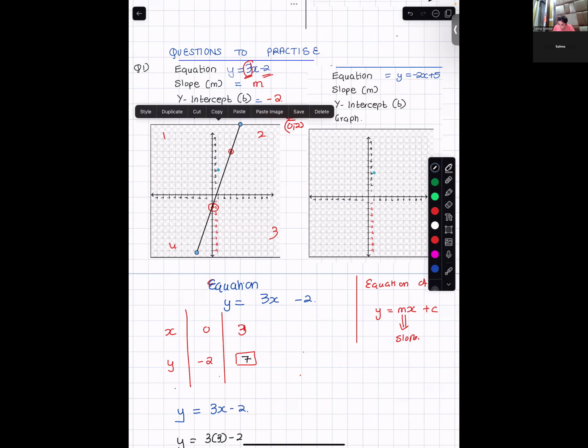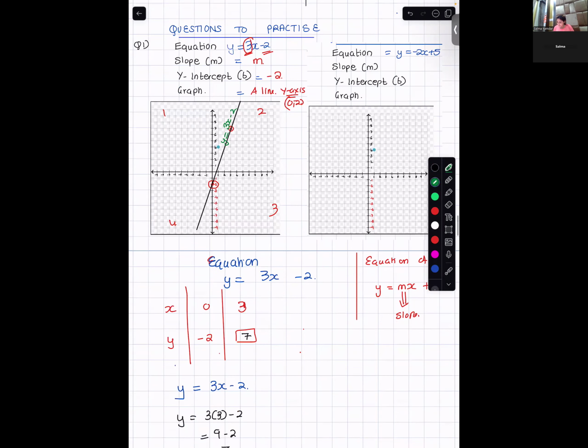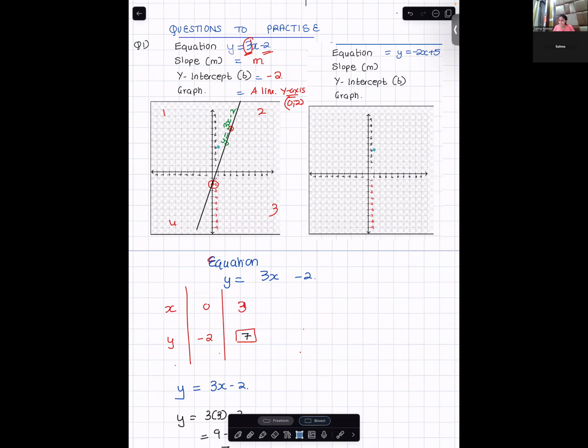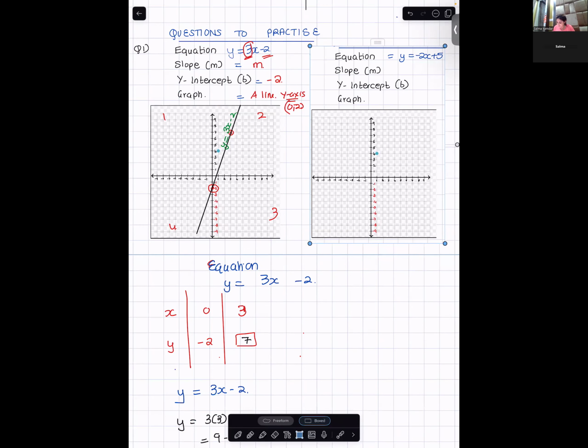So this is the slope of the line y is equal to 3x minus 2. Okay, let's take another example. I know the equation of my line is y is equal to minus 2x plus 5.